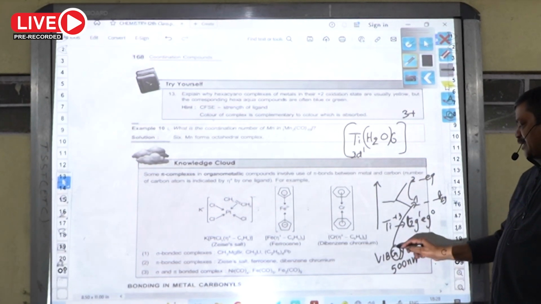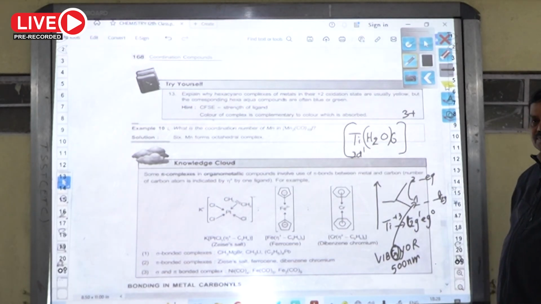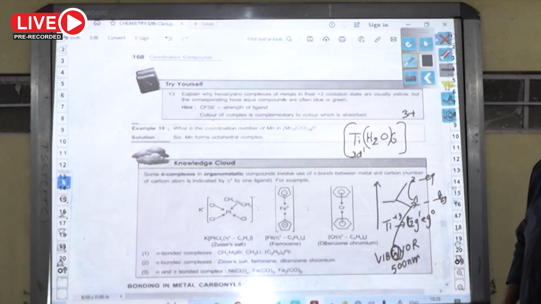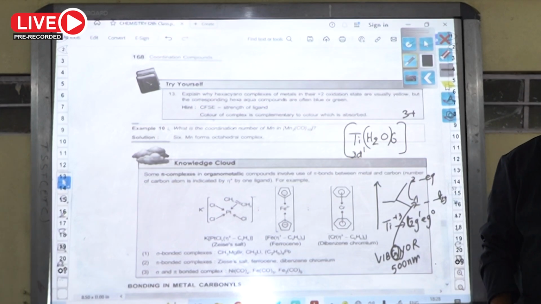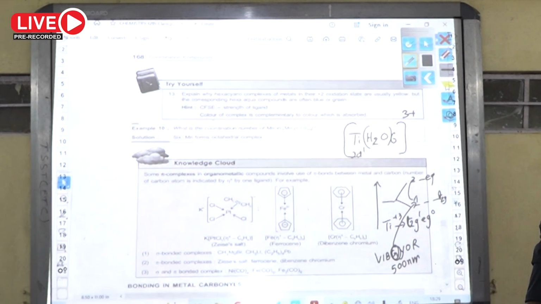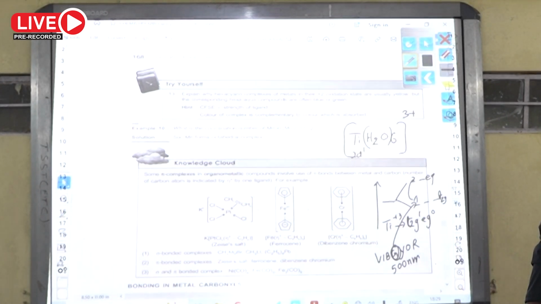When this green is absorbed from the visible light, how many wavelengths are remaining? 6 wavelengths are remaining. When all 7 wavelengths are there, it is white light. When green light is absorbed, the remaining 6 wavelengths appear in the form of purple color. That's why all titanium salts in +3 state are purple colored.